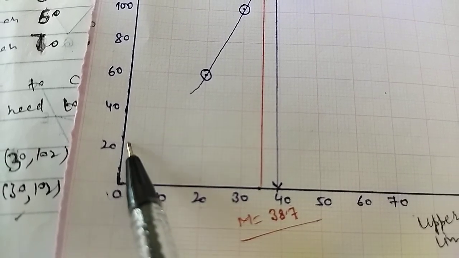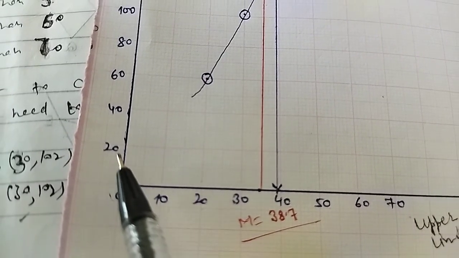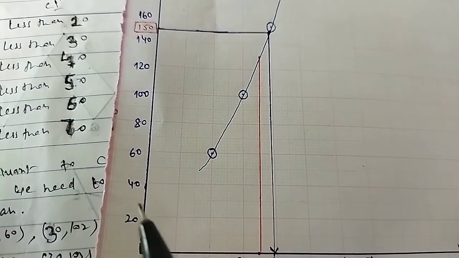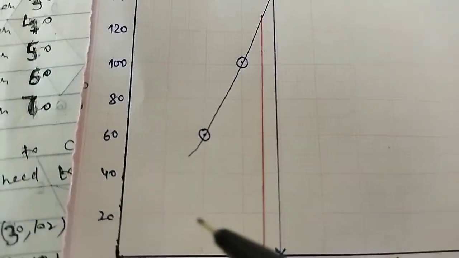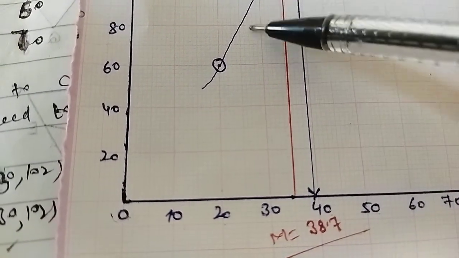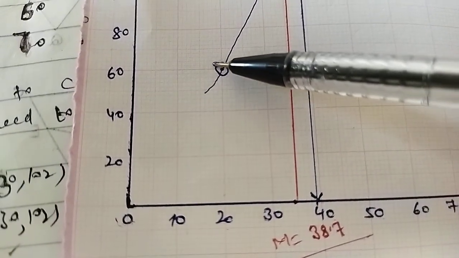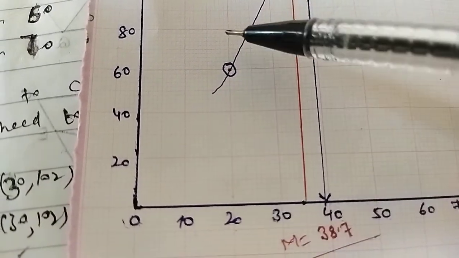So 2 into 10 will make that equal to 20. So that exactly I can mark whatever the cumulative frequencies are there with me. For example, on 20, this is 20 here, you need to mark 60. That was the first pair, exactly 20 and 60. 20 is here on the x-axis, 60 is there on the y-axis.